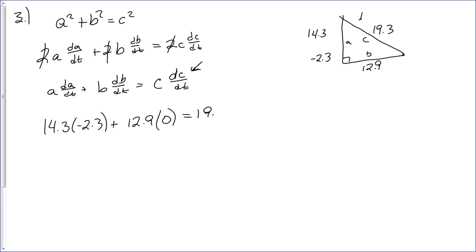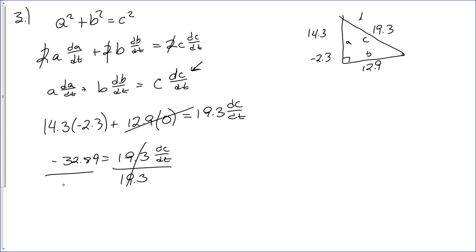And that equals 19.3 times dC/dt. Okay, this is pretty much gone because you're multiplying by 0. So that gives us negative 32.89 equals 19.3 dC/dt. Divide by 19.3.